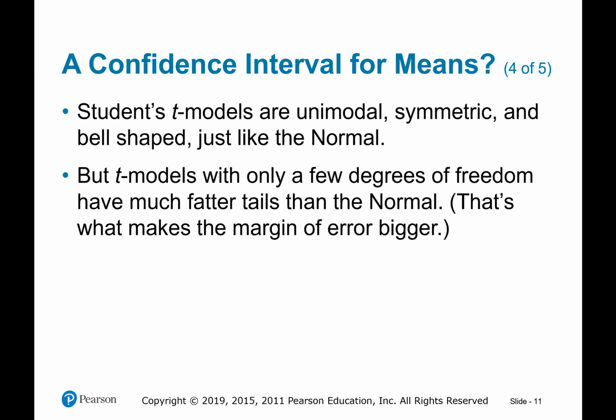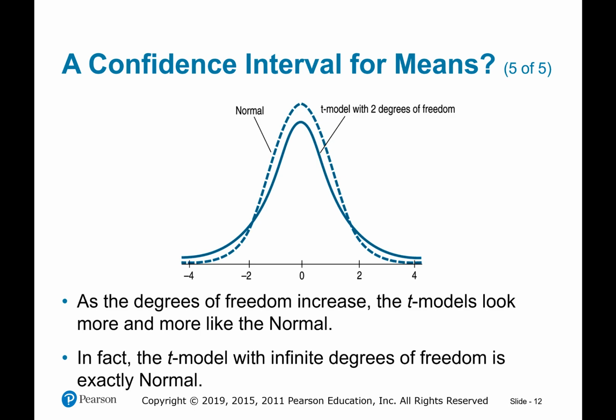But depending upon the number of degrees of freedom, well, here, take a look. The dotted curve that you see there is the normal curve. The solid one there is the T curve when there are just 2 degrees of freedom.